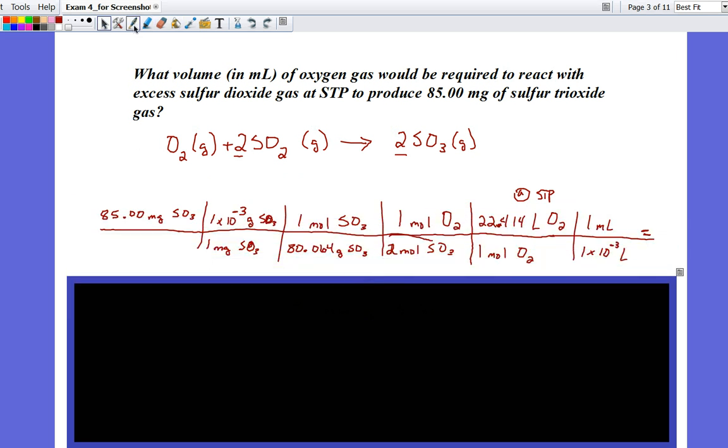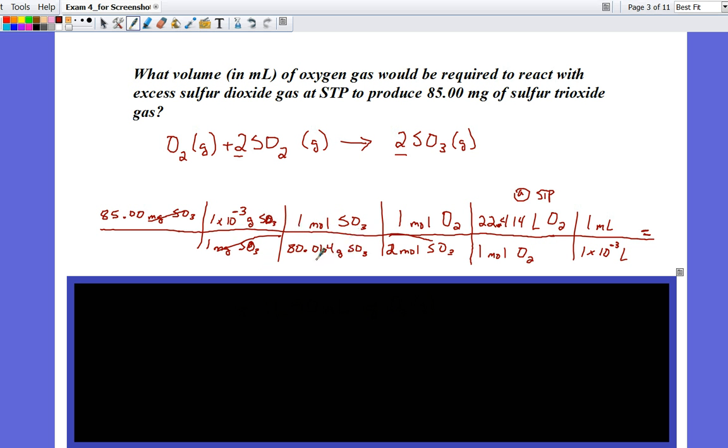So here you have your 85.00 milligrams that you're starting out with, and that's very important. Your milligrams starting out, and right away you need to convert that to grams. So that would cancel out, and you'd be in grams of sulfur trioxide. Now you convert the grams to moles using your molar mass from the periodic table.